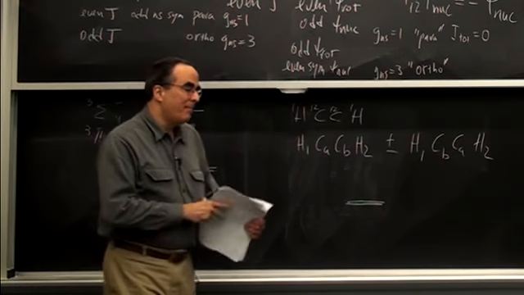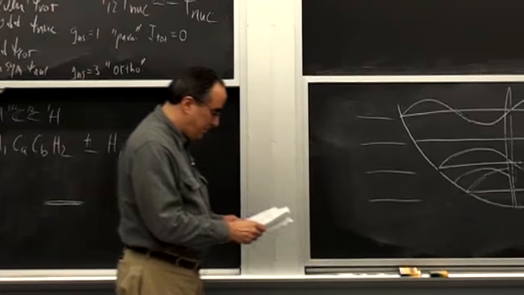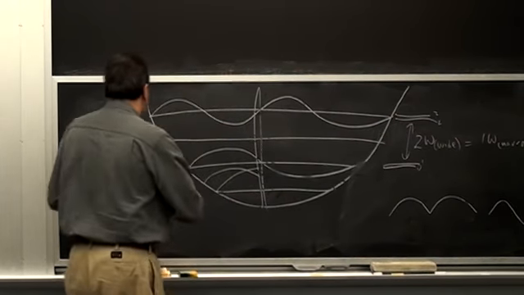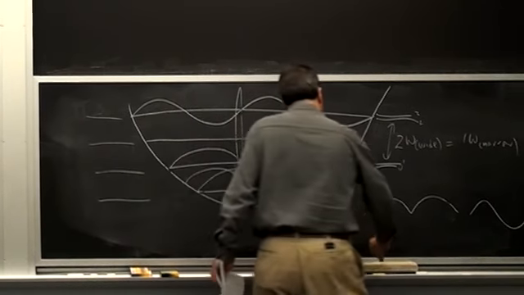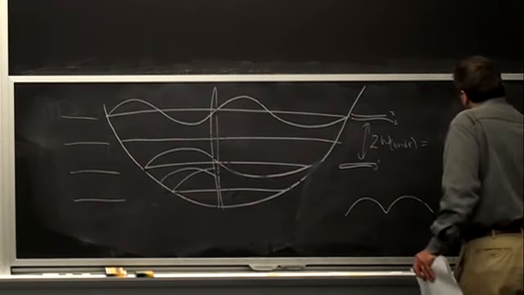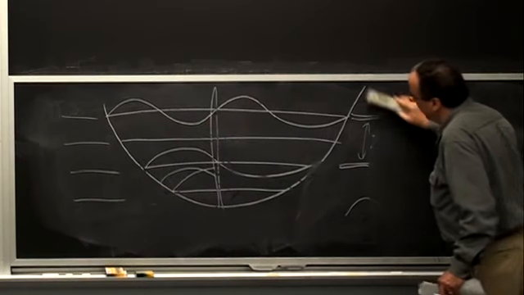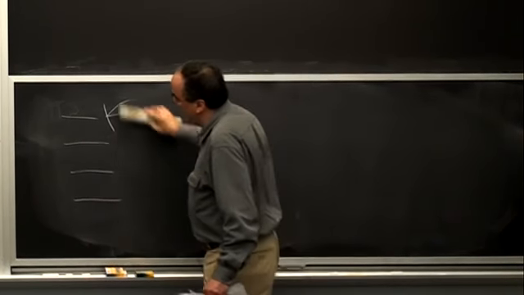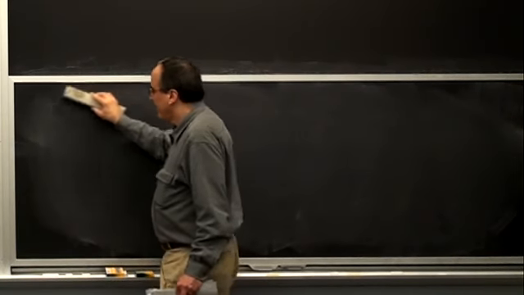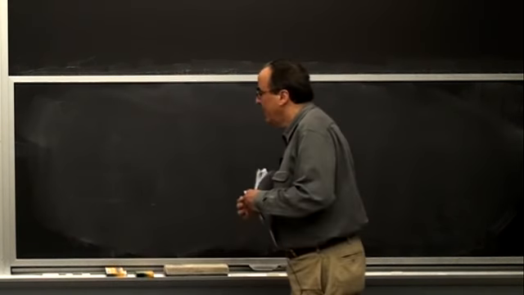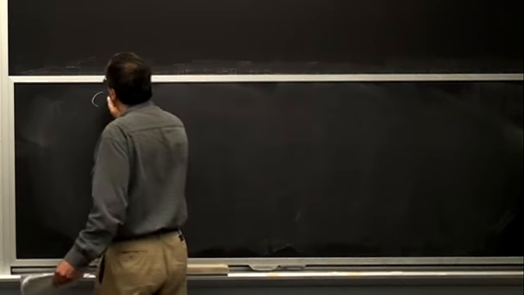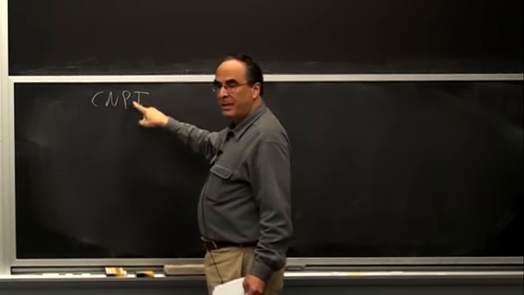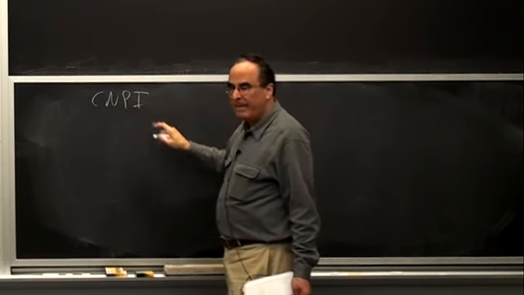So anyway, this brings us to the formal tool that enables us to deal with identical particles in the same molecule. And it's called CNPI, Complete Nuclear Permutation Inversion group theory.